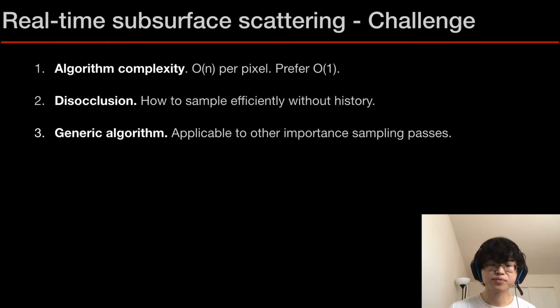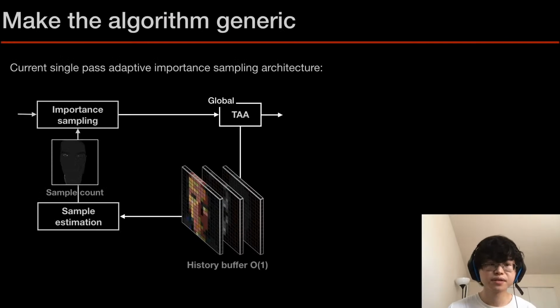The third challenge we want to address is to make this adaptive importance sampling technique generic, to make it applicable to other monocolor sampling passes. Here shows the current single-pass adaptive importance sampling architecture. It relies on the global TAA pass to update the history buffer.